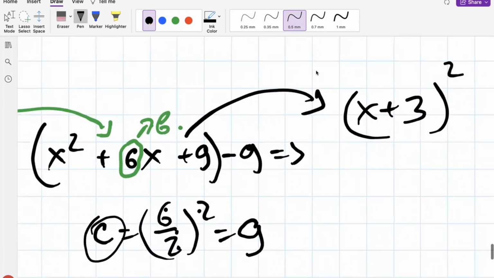Okay, maybe you have some difficulties going from this to this one.